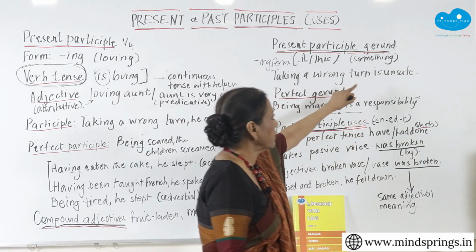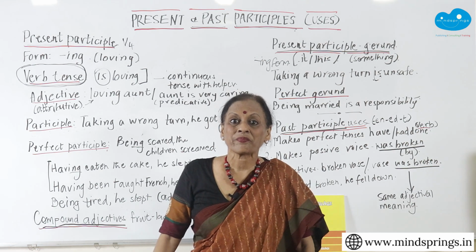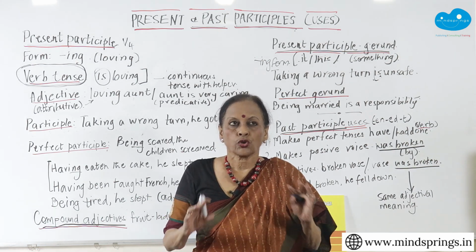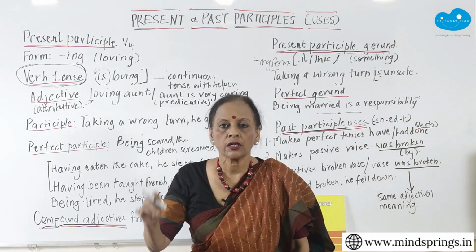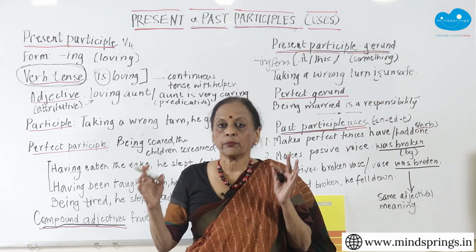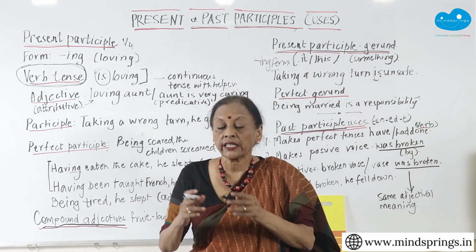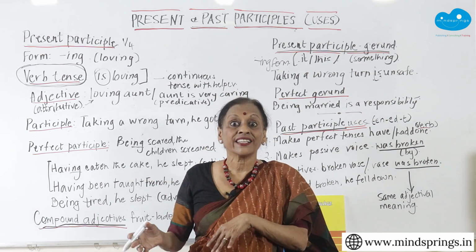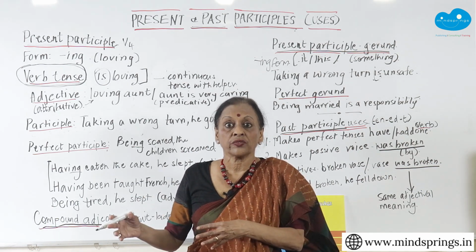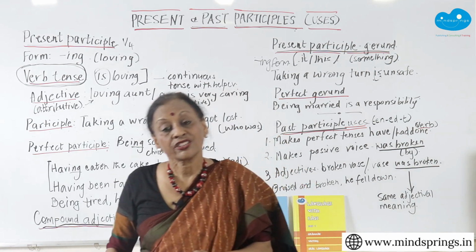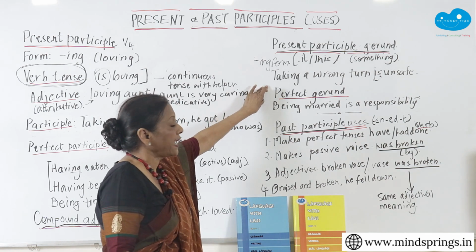Here when we do taking a wrong turn, we are hitting a verb. So, in a gerund, if you move your finger, you will hit a verb. A gerund will be the subject of a verb, or immediately after a verb. If you have an ing word and you ask the verb what and you get an ing word as the answer, it is a gerund. So, remember this. So, therefore, that is very clear.